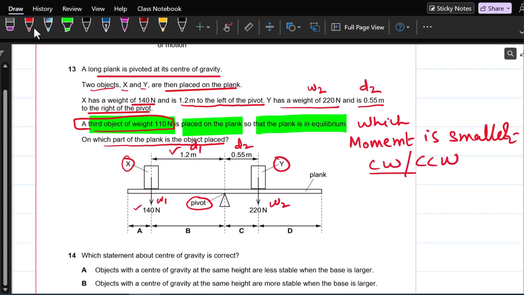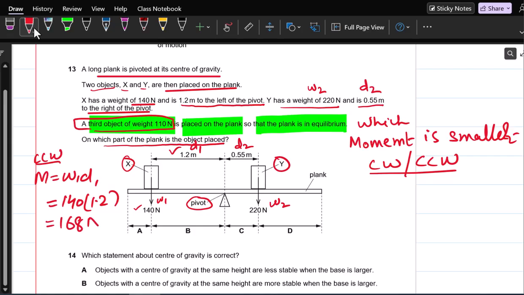So I'm going to find the moments. The counterclockwise moment is equal to W1 D1, so it comes out 140 times 1.2. Let me calculate. I am getting 168 Newton meter.